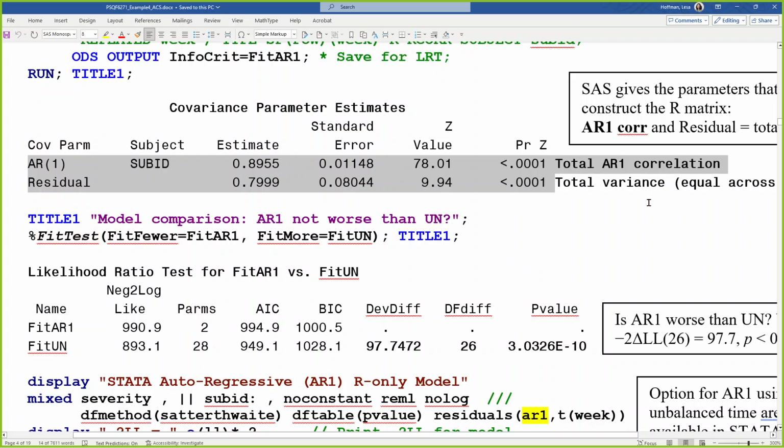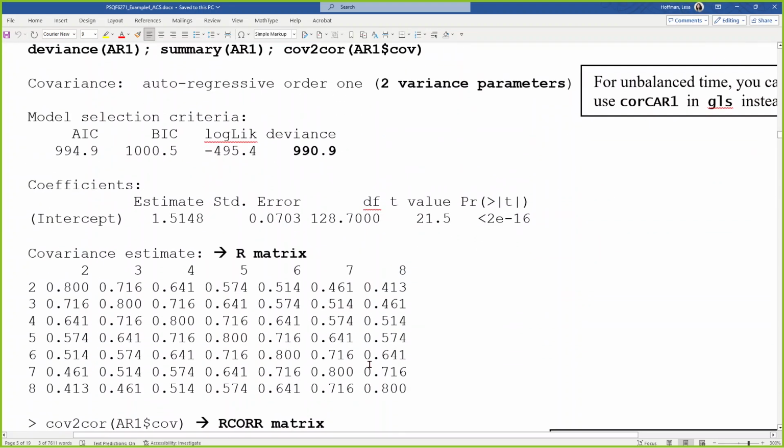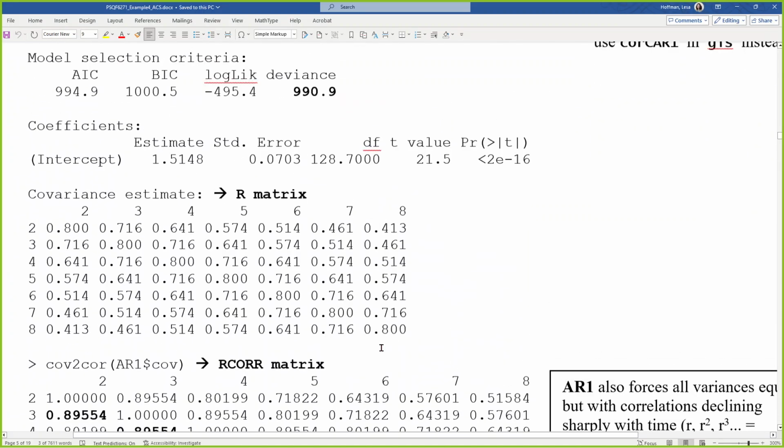The total variance, which is called residual in SAS, and the autoregressive correlation. So the 0.89, that's the thing that would get squared, cubed, fourthed, fifth, and so on to build the structure. It's reported as a correlation and total variance as well in Stata. And in R, doesn't give me anything. Good luck.